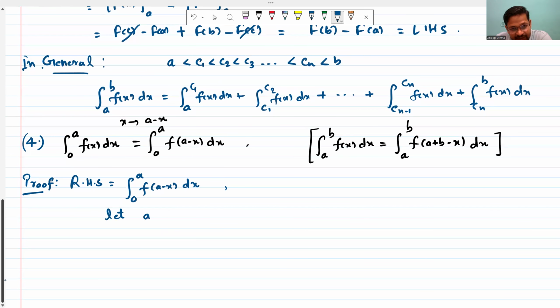Let a minus x be equal to t. So when you are integrating, minus dx is equal to dt, and this implies dx is equal to minus dt. In the place of a minus x, just put t here.